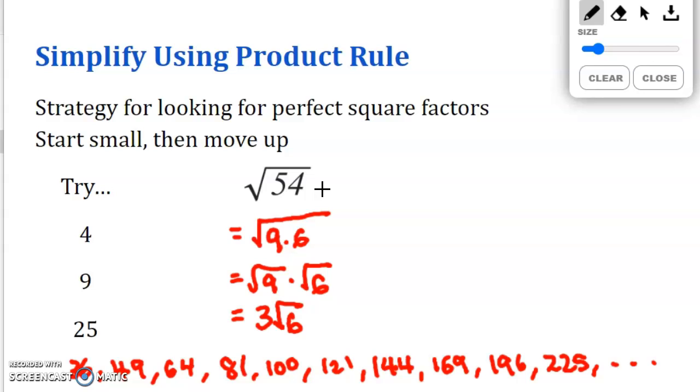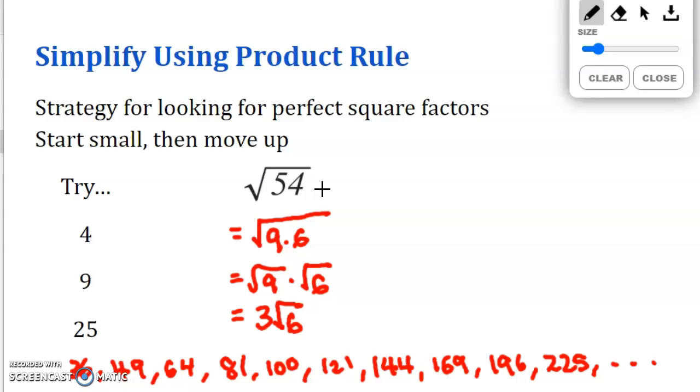Then break up each of the factors as square root of 9 times square root of 6. Square root of 9 is just 3, because 3 times 3 is 9. And square root of 6 stays as it is, so it becomes 3 root 6. So square root of 54 is the same as 3 root 6, and that's the exact answer.